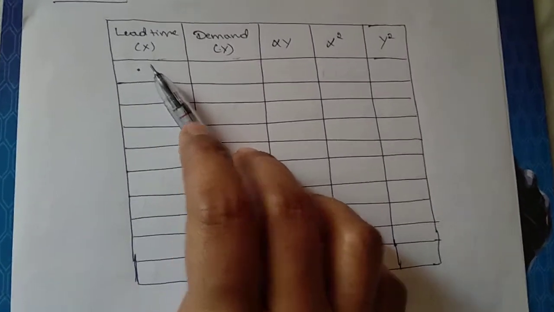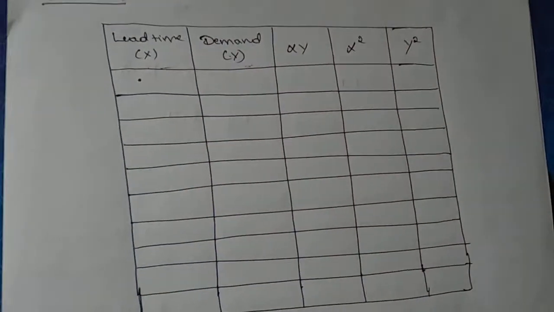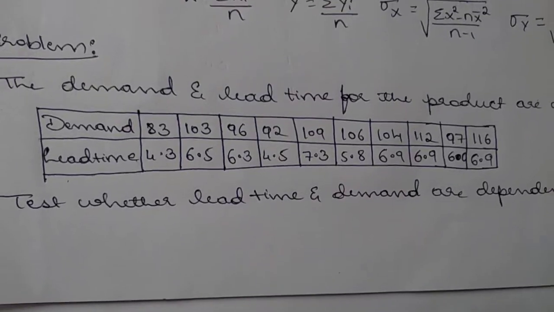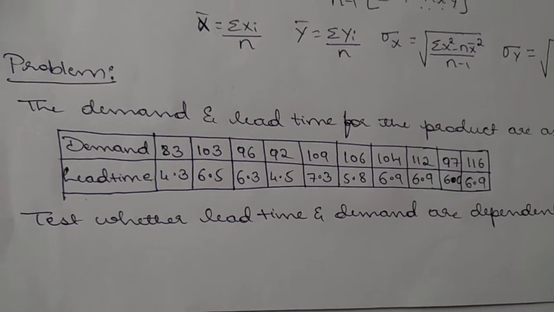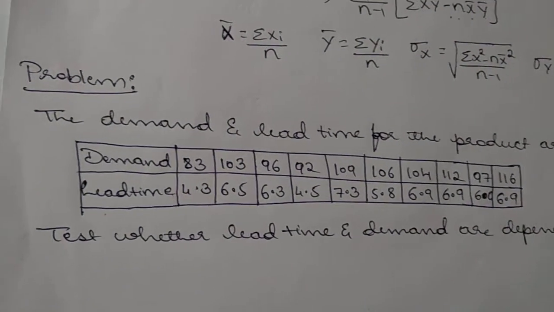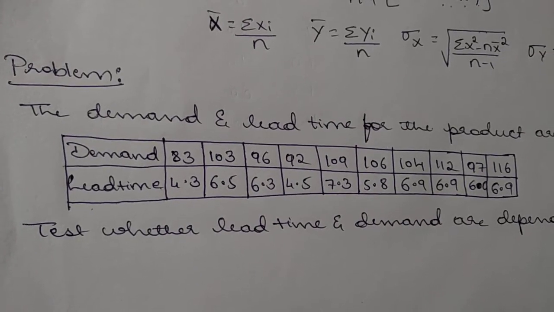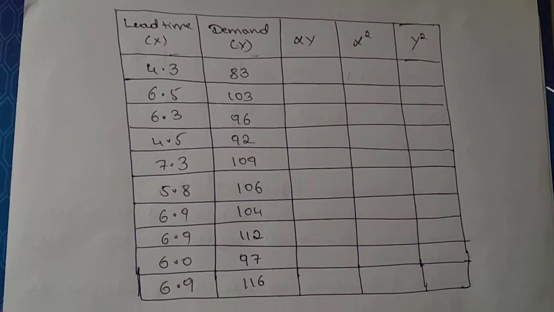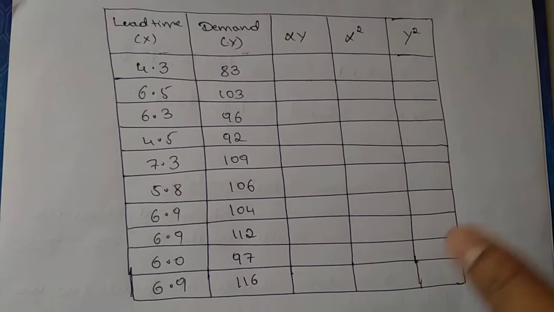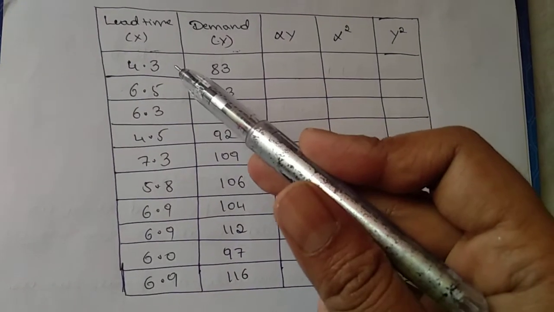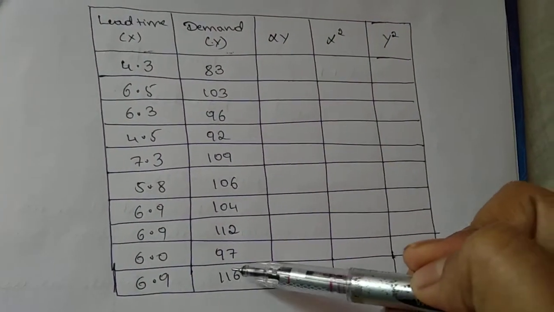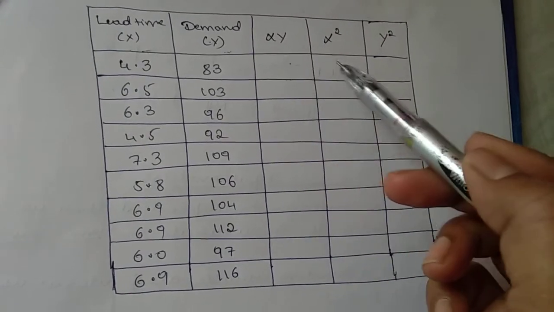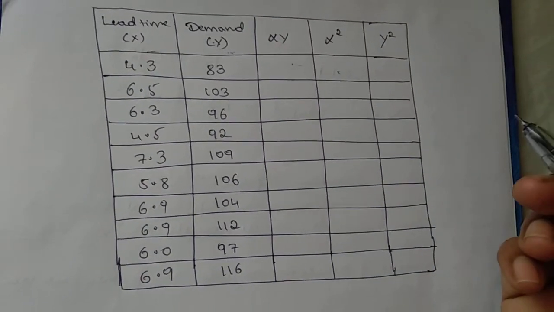In this table, lead time and demand are given. From the table given in the question, I have written the lead time and demand. With this you have to calculate xy, x square and y square.